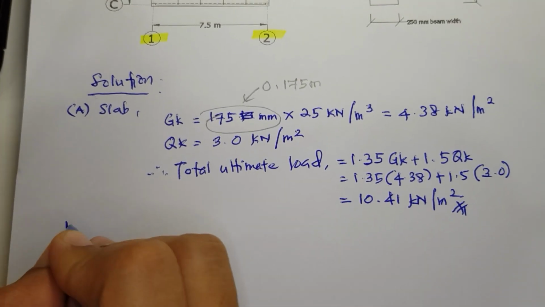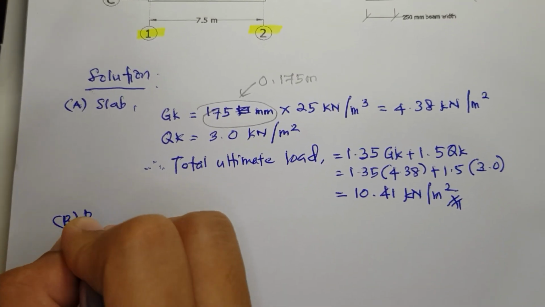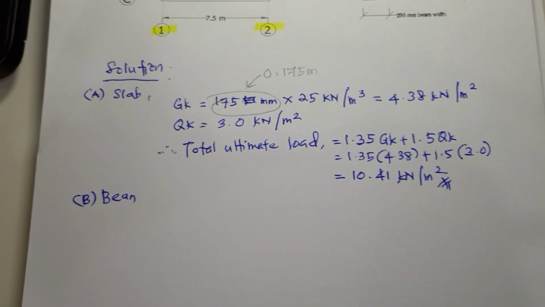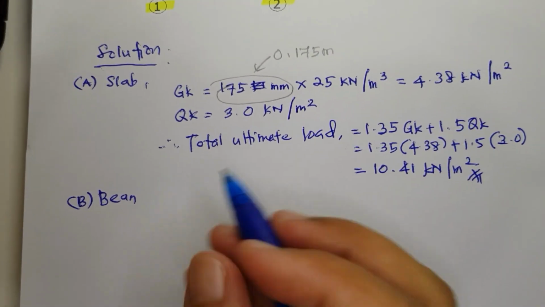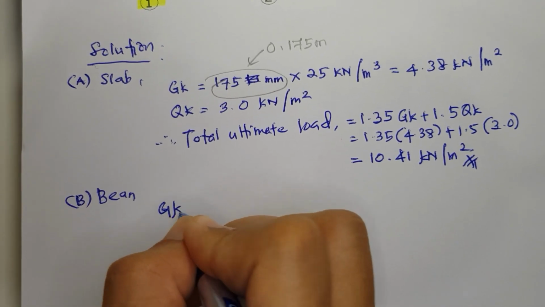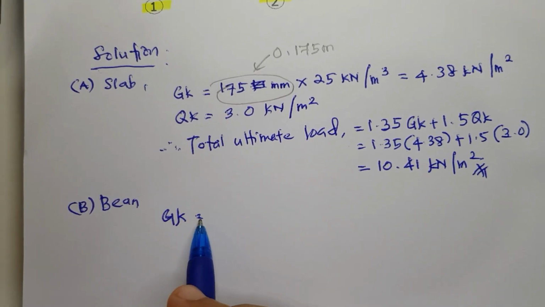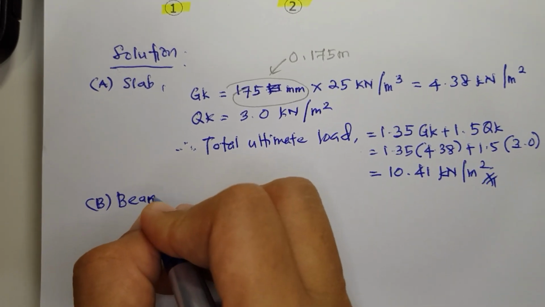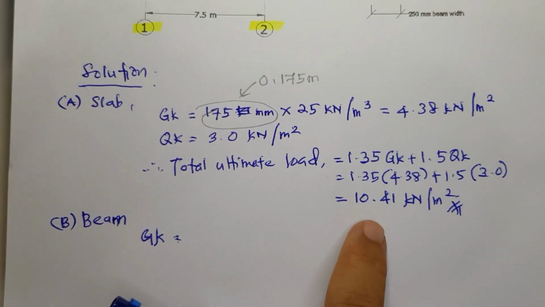Next, beam load. We know that beam load for GK is the combination of self-weight of the beam and slab.